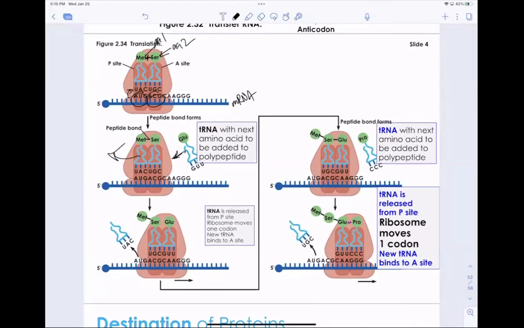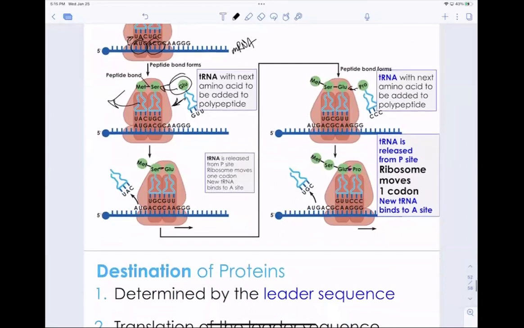The next codon is read, the next tRNA is charged, and that amino acid is brought to the ribosomal complex, a peptide bond is formed, and it's added, and so forth. And so it just keeps happening all the way down the messenger RNA till it hits a stop codon.